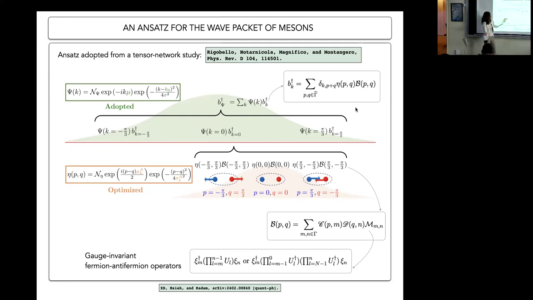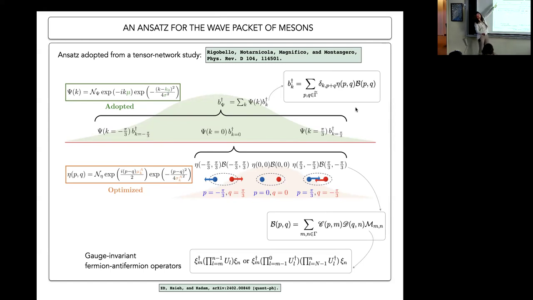So then here comes a very interesting ansatz that we got inspired by some tensor network work that came out last year, that maybe we should try this and optimize it for what we have in mind here. The idea is the following. Even the bound state ansatz itself looks like a Gaussian.